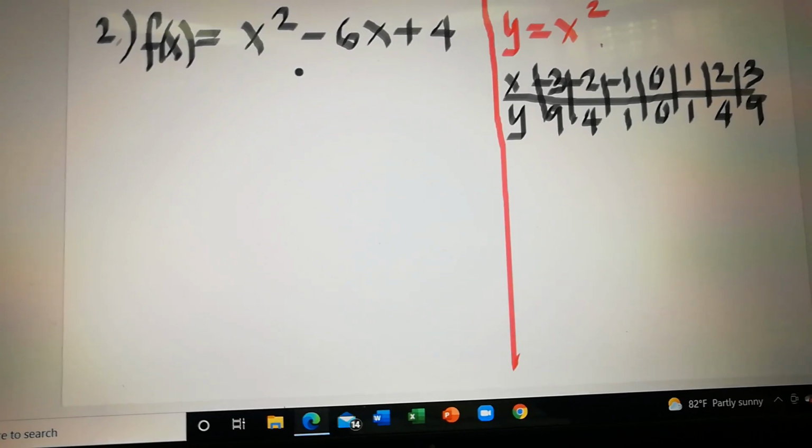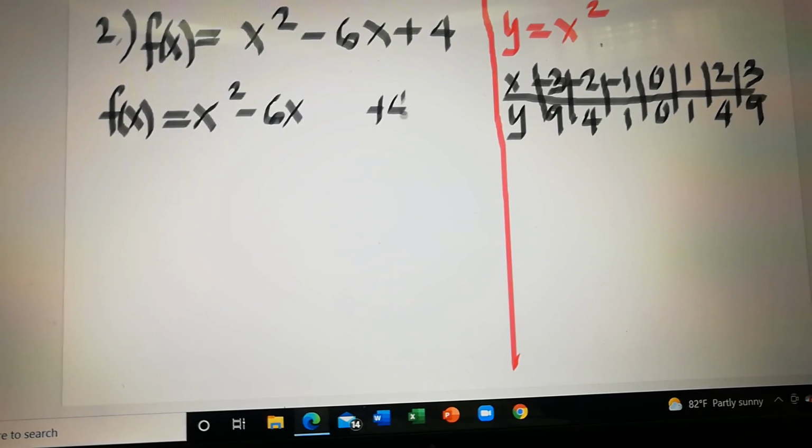Now, we will convert it into the vertex form instead of solving for the values of h and k. So f of x is equal to x squared minus 6x plus 4. Now, what are you going to add to x squared minus 6x to make it a perfect square trinomial?